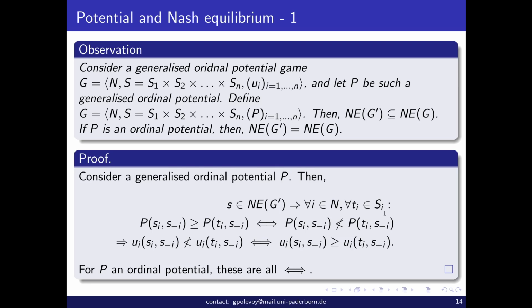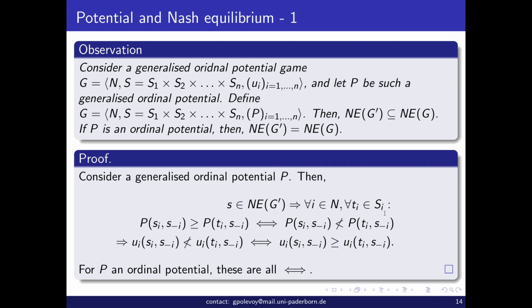And to say that the utility of (s_i, s_-i) is not strictly smaller than the utility of (t_i, s_-i) is the same as to say that the utility of (s_i, s_-i) is at least as large as the utility of (t_i, s_-i), which is exactly, since it's for each player and each profile t_i to which player i could deviate, the definition of an equilibrium of the original game.